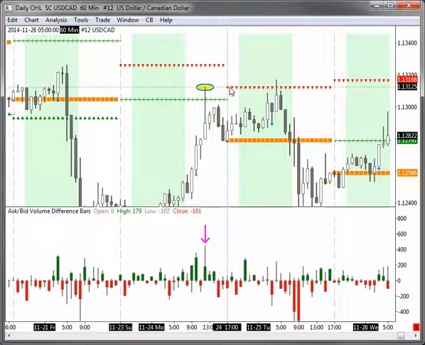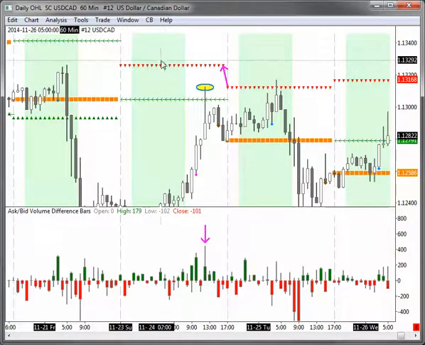The previous day's high is right here, and there's a gap between Monday's high and Friday's high, which is up here. So we could potentially run up here, or we could run up here and stop like it did.